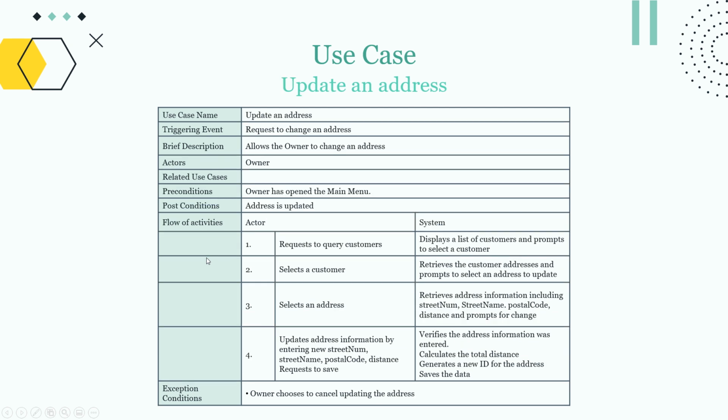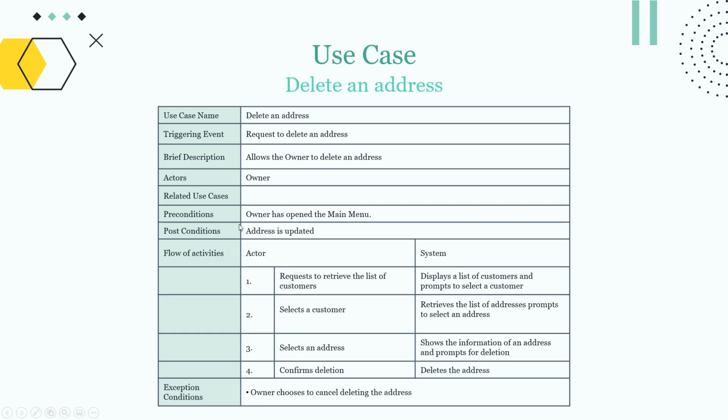In the use case, we have 4 different use cases: adding an address, updating an address, and deleting an address. These 3 are very similar. The user can request such an operation, and the system will display all the customer list.